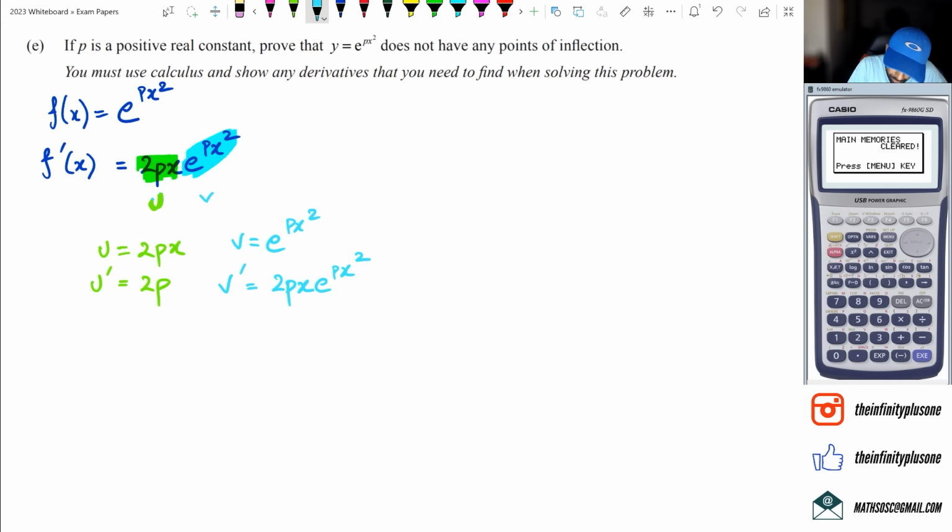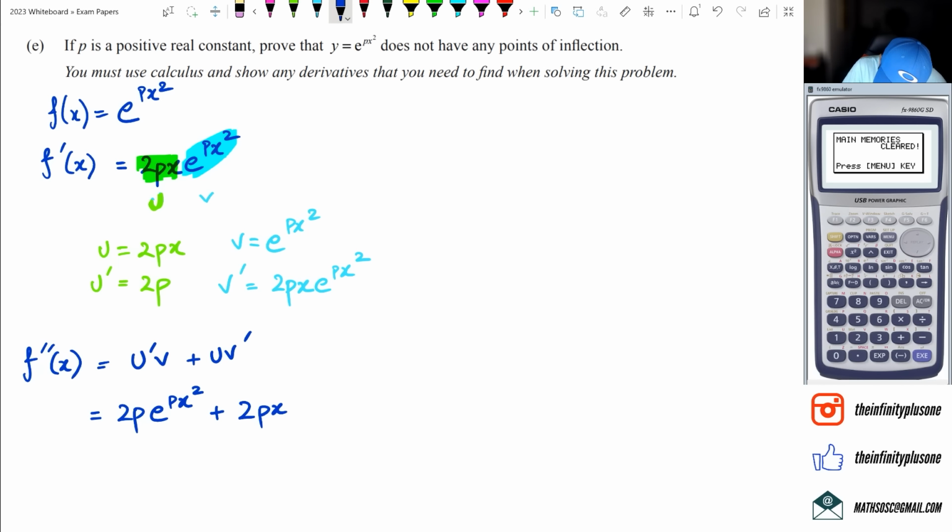Now, with that in mind, we can say f double dash of x is equal to u dash v plus u v dash. Now, u dash is equal to 2p, v is equal to e to the power of px squared, plus u, which is 2px, multiplied by v dash, which is another 2px, e to the power of px squared. Okay, so at this point I can look at what my common factors are here, and I can see that 2p is a common factor.